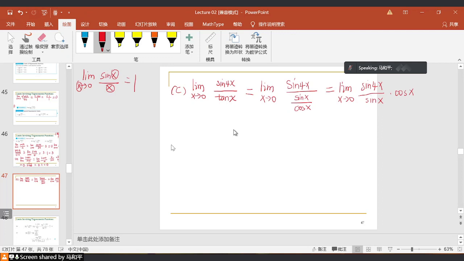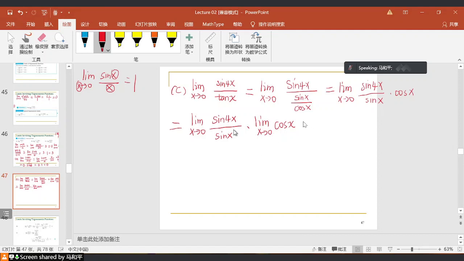Okay, and by the substitution, we can write this as the limit as x approaches 0 of sin 4x over sin x times the limit as x approaches 0 of cos x, right?